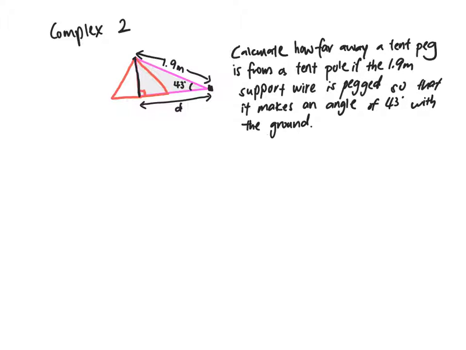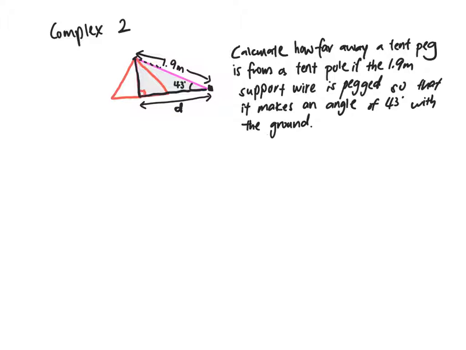So what we are looking for is how far it is, which is the distance between the pole and the peg, represented here as d. We do know, however, that the support wire is 1.9 meters.